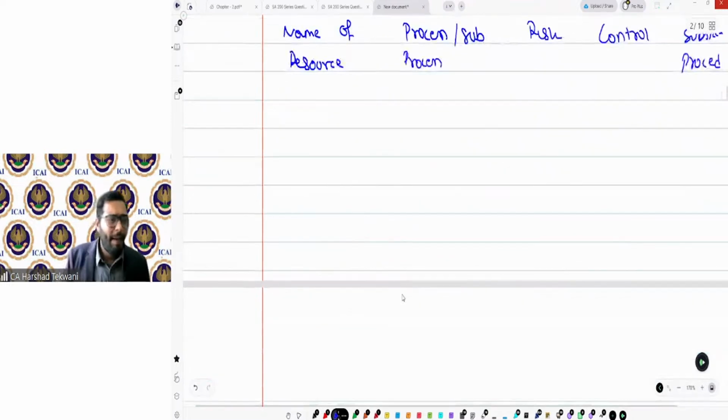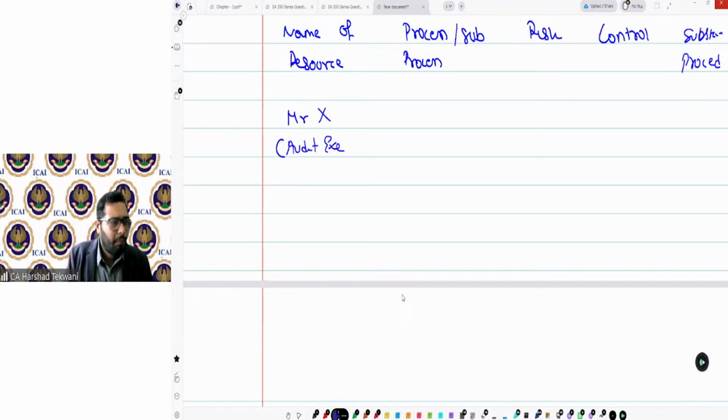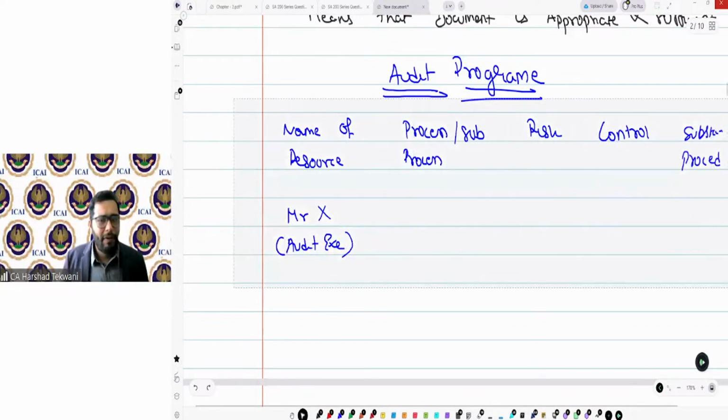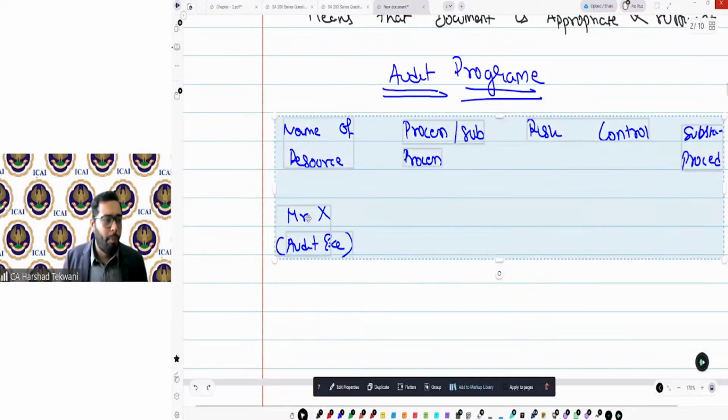So let's say, for example, name of resource Mr. X, he's a manager, or let's say an audit executive. I have allocated to him, for example, P2P, procurement or purchasing.